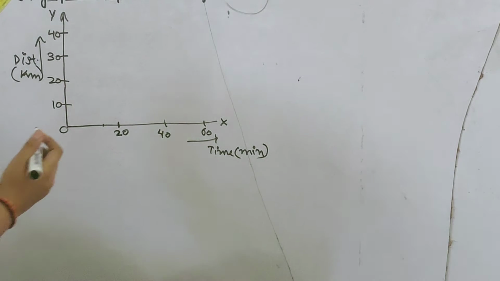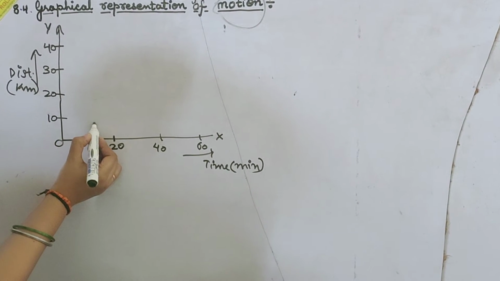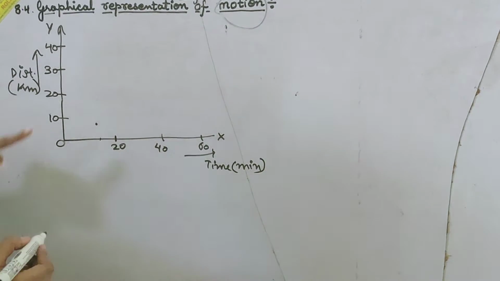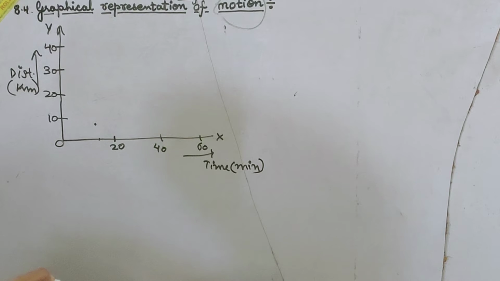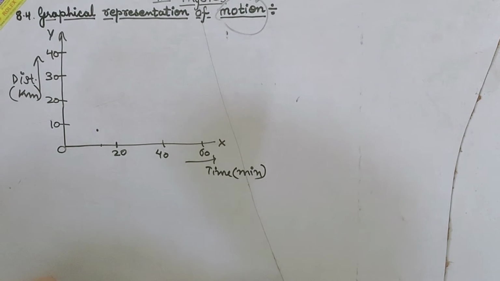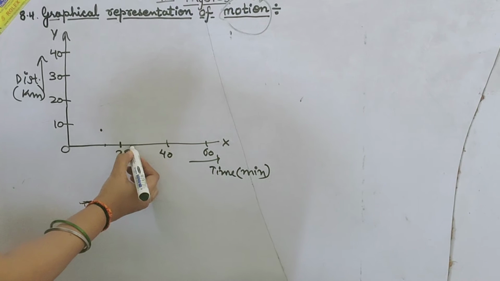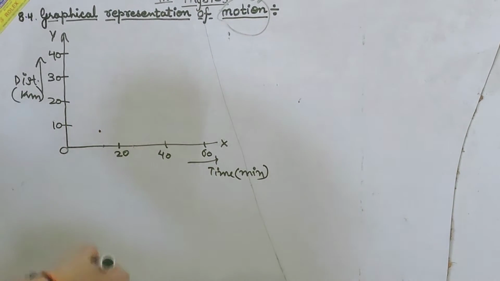So at 15 minutes the object has covered 9 kilometers, not exactly 10. The next distance covered is around 25 kilometers, approximately somewhere here.